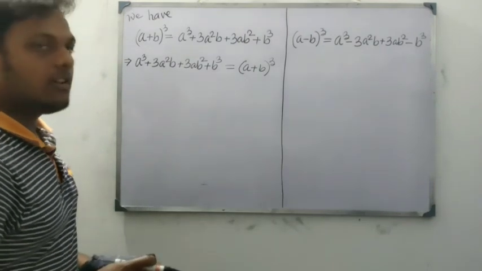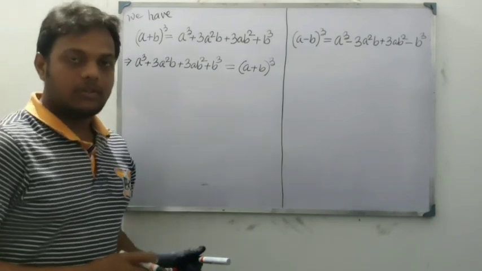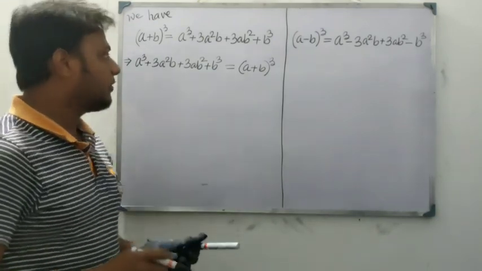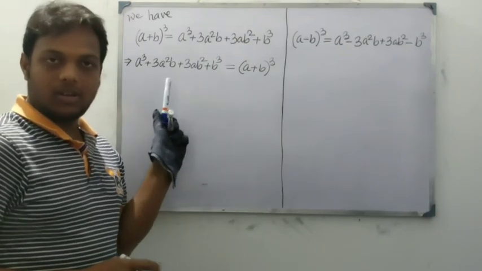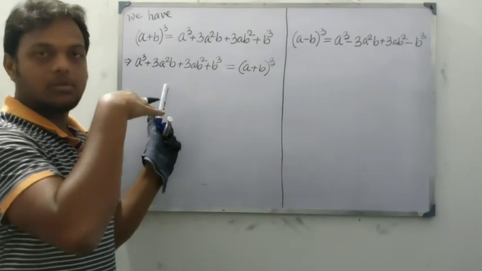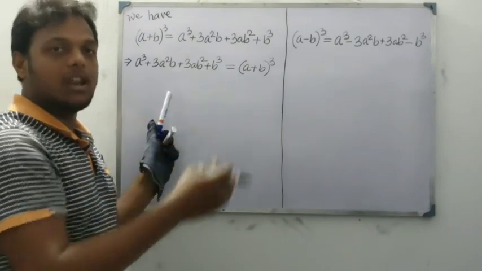Since our target is to compute the value of, or to simplify, a³ + b³, we will keep a³ + b³ into left hand side, and we have to consider all the remaining terms in another side.